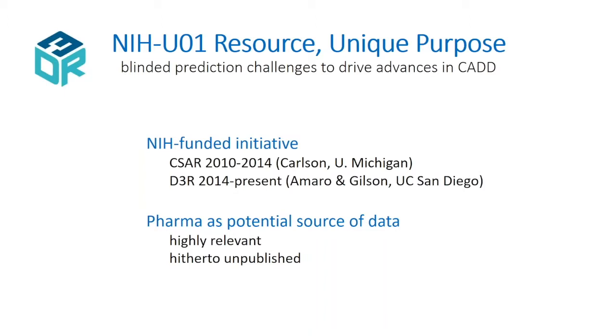The first funded initiative was led by Heather Carlson at the University of Michigan, starting around 2010. Then Mike and I took over the effort starting in 2014, and we renamed it the Drug Design Data Resource.